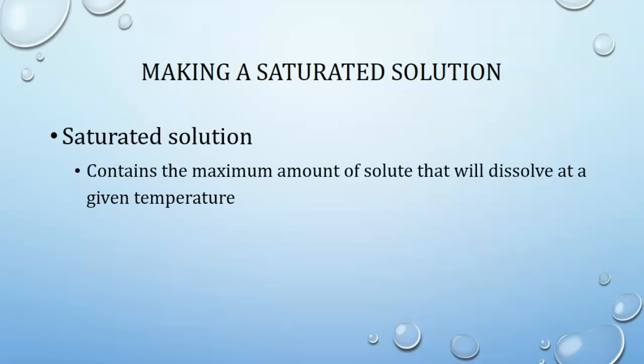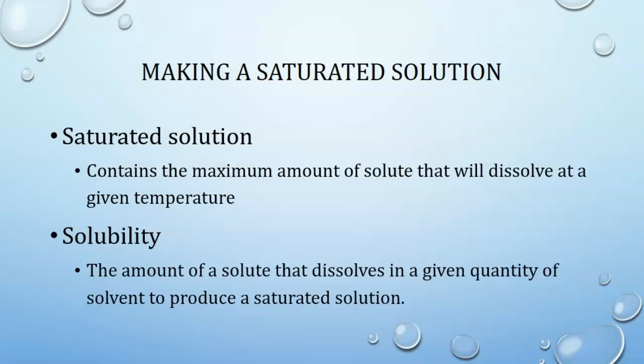Okay, there we go. The definition of a saturated solution is one that contains the maximum amount of a solute that'll dissolve at a given temperature. Now, solubility is that amount, that mathematical amount. So solubility is defined as the actual amount of solute that dissolves in a certain quantity of solvent to produce a saturated solution.